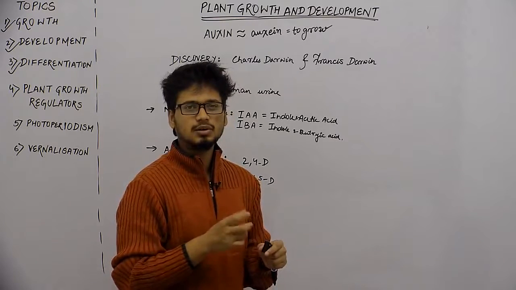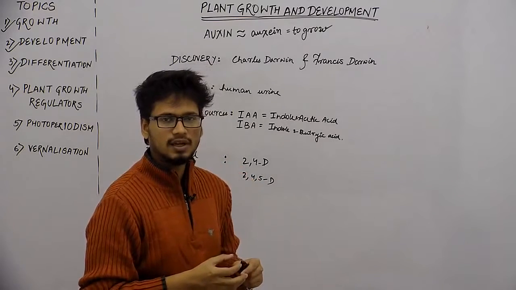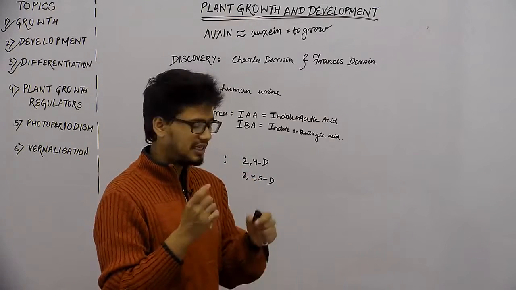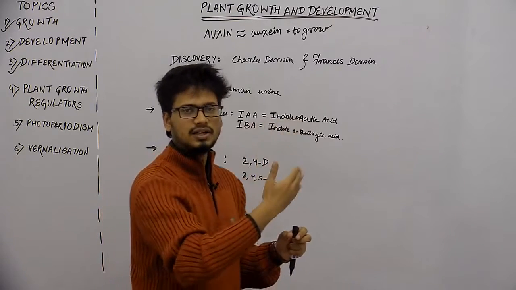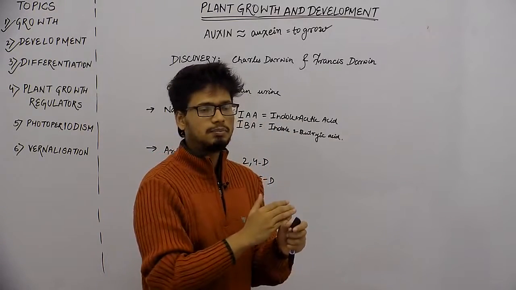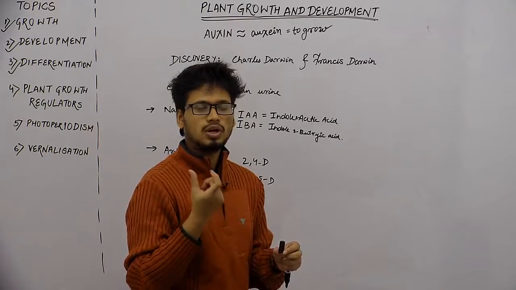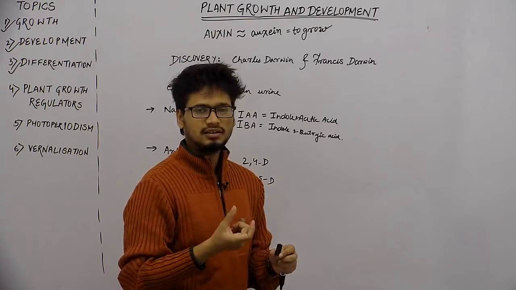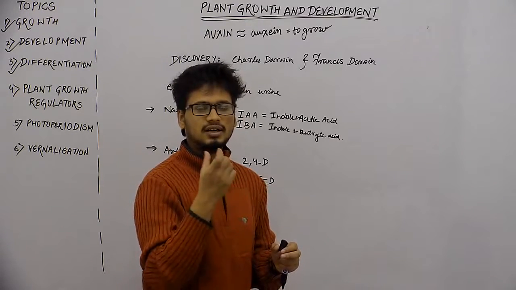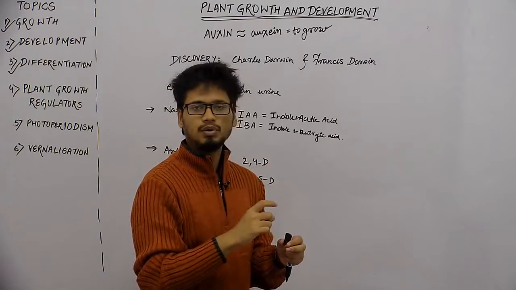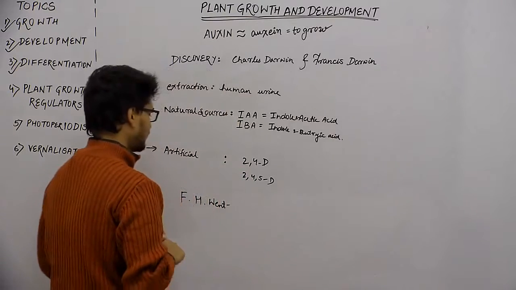Next, when he placed the auxin block back on the plant in place of the tip and gave the light stimulus, the plant bent. So that means the chemical ingredient, the most important hormone here, diffused from the tip of the coleoptile into the agar block.